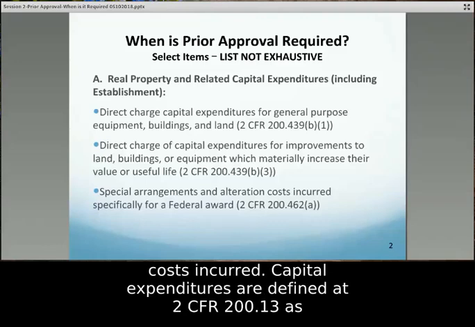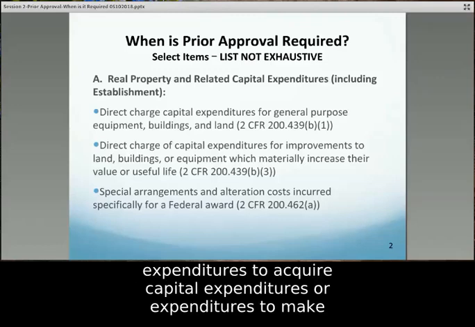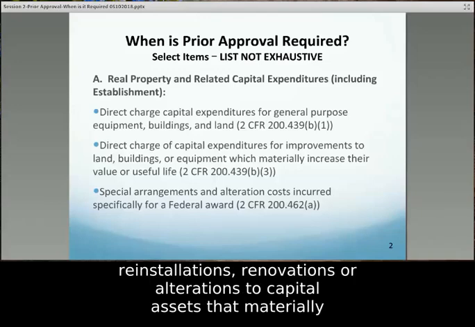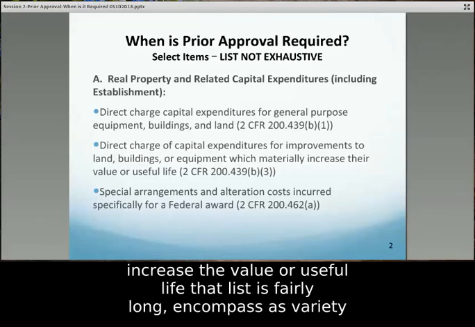Capital expenditures are defined at 2 CFR 200.13 as expenditures to acquire capital assets or expenditures to make additions, improvements, modifications, replacements, rearrangements, reinstallations, renovations, or alterations to capital assets that materially increase the value or useful life.